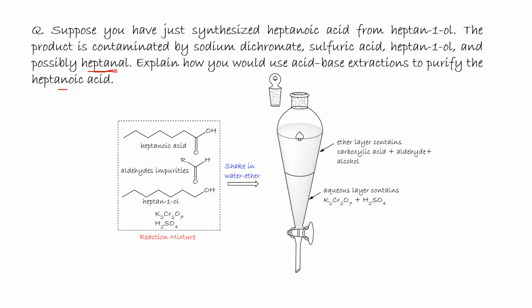Well, the reaction mixture will contain heptanal impurities, heptanol starting material, and the oxidizing agent, dichromic acid, potassium dichromate, sulfuric acid mixture. Shake the reaction mixture in a water ether mixture. The ether layer will contain carboxylic acid, the aldehyde impurities, and alcohol. The aqueous layer will contain potassium dichromate and sulfuric acid.